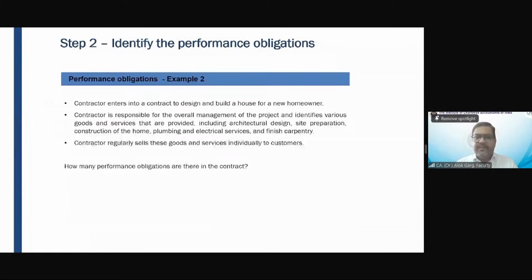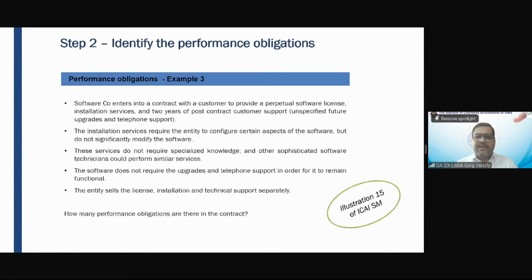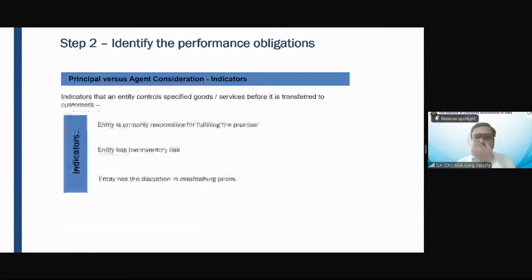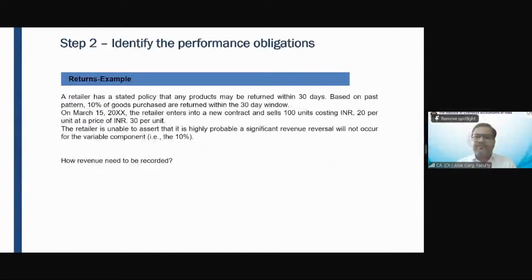So this standard is largely from the entity perspective. When an entity is transferring goods and services to a customer, the customer needs to pay a consideration, and that consideration is the transaction price. The transaction price could be a fixed consideration as well as a variable consideration.